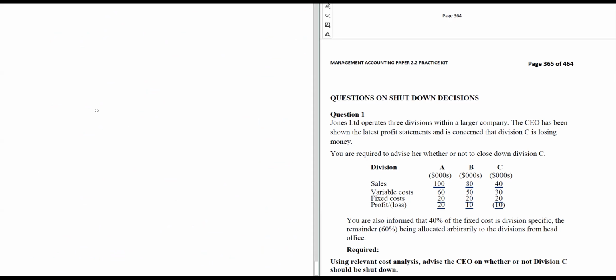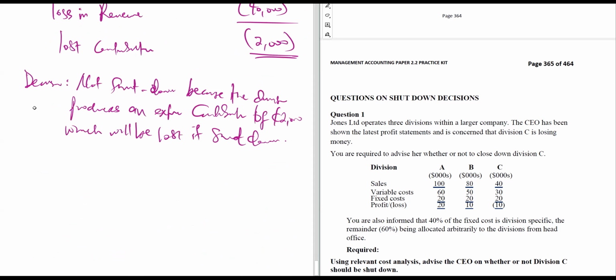Your handwriting is difficult too. No, I am speaking. Sometimes I'm scribbling, so you just have to ask. I said they should not shut down because the division produces an extra contribution of 2,000, which will be lost if it's shut down. Just write in your own language.